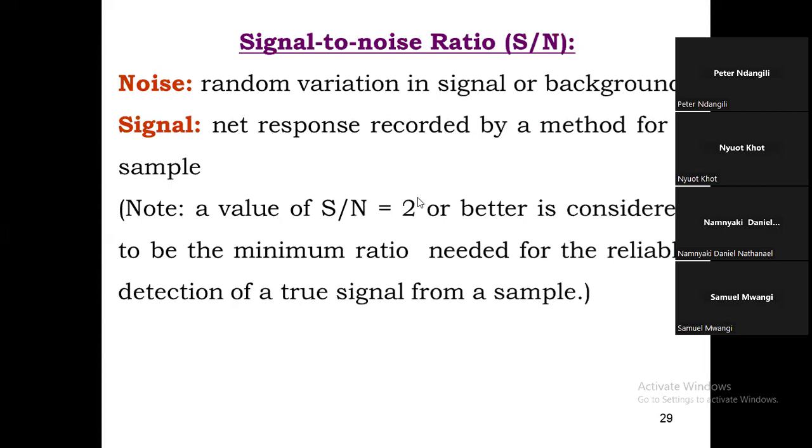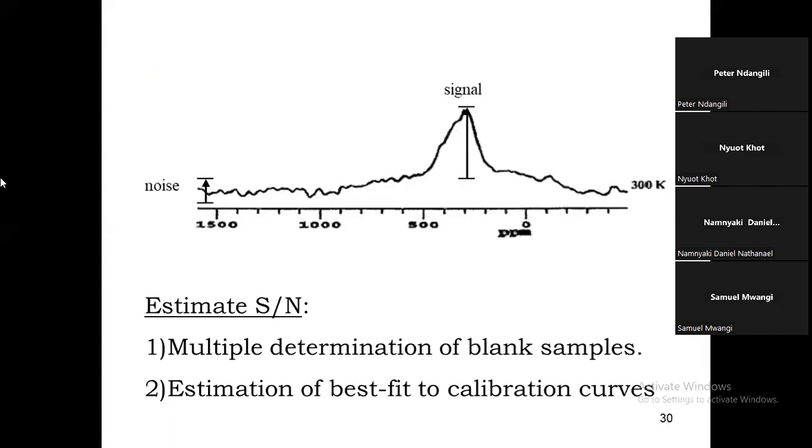There's something we call the signal to noise ratio. I explained what a noise is in a particular result. When there is so much noise in your data, then you get something like this. Let me show you. You get something of this nature.